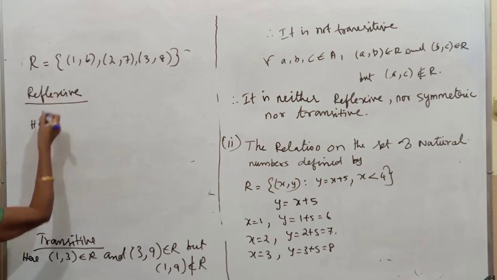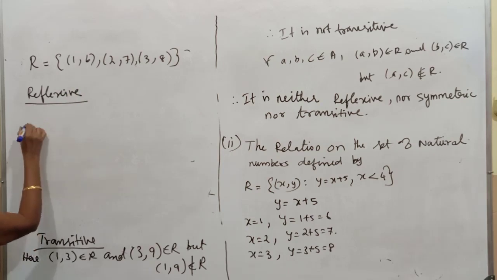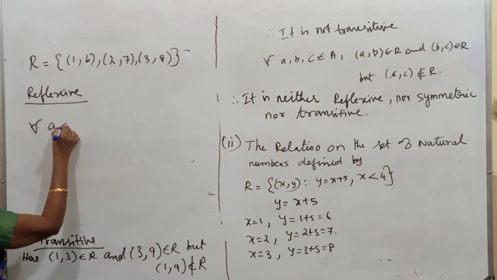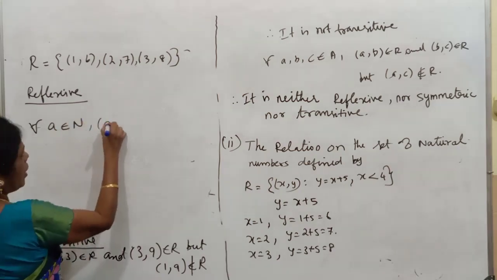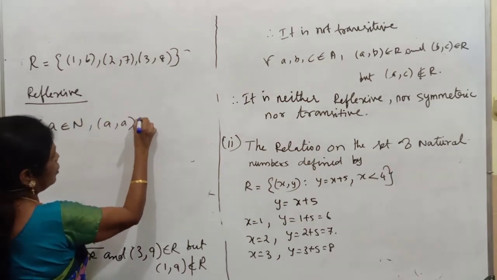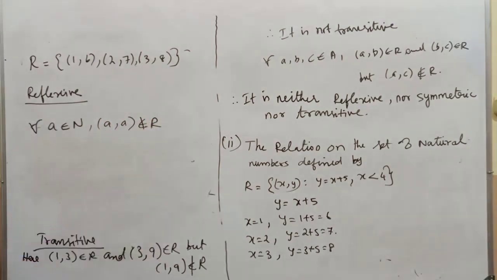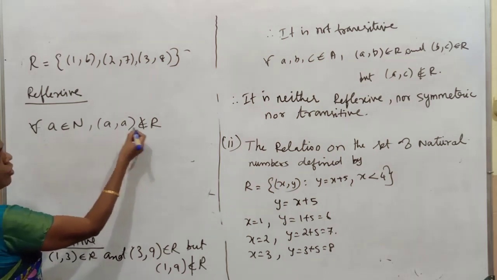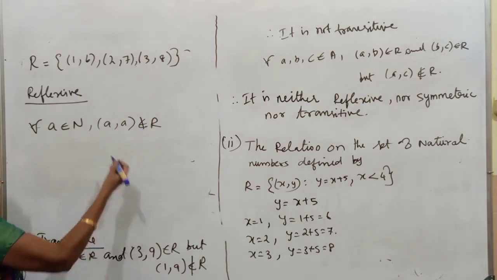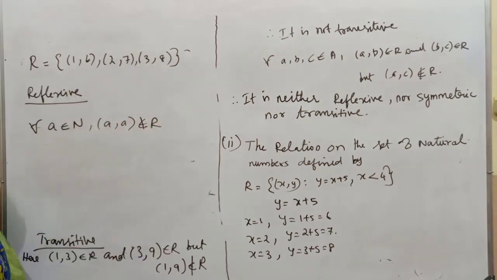If you want to write generally, for all a belonging to the set of natural numbers, a comma a does not belong to R. No element is related to itself.